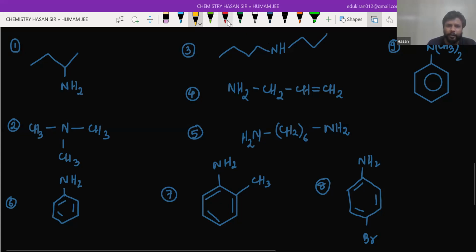Third one, Austin, how many carbon? On one side, four carbon is there, I think, and on another side we have three carbon, right? Very good.